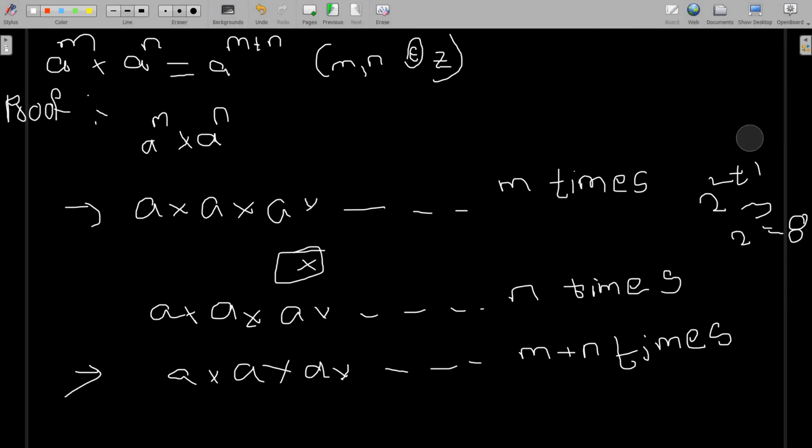So you people got my point. Here the bases are multiplying and the powers should be added. So this is the statement. If we multiply, the answer is a power m plus n, also the same. Hence proved.